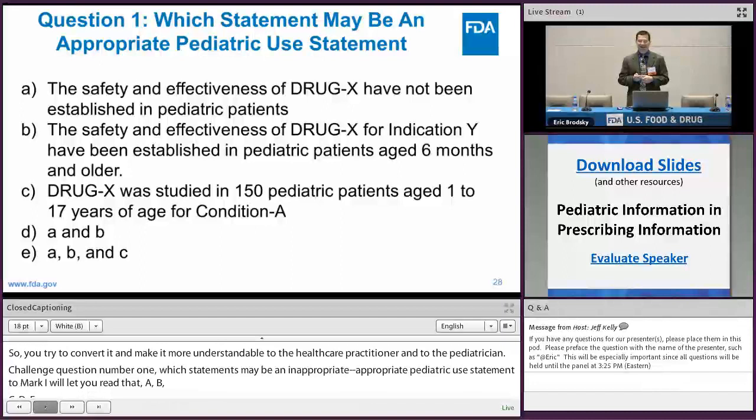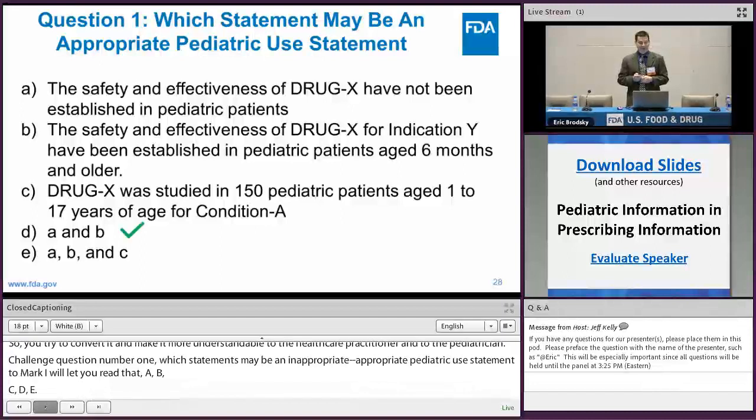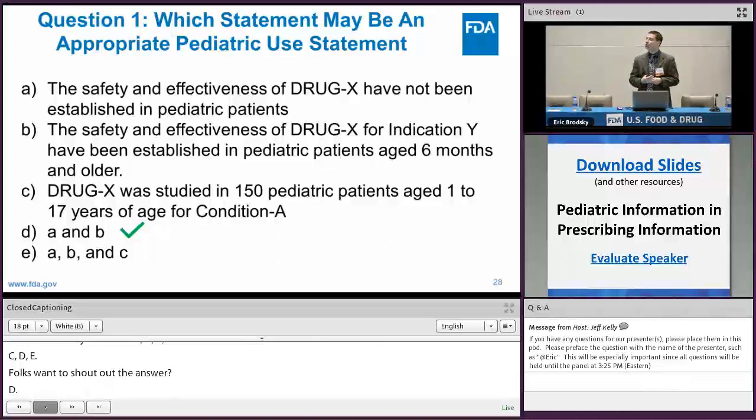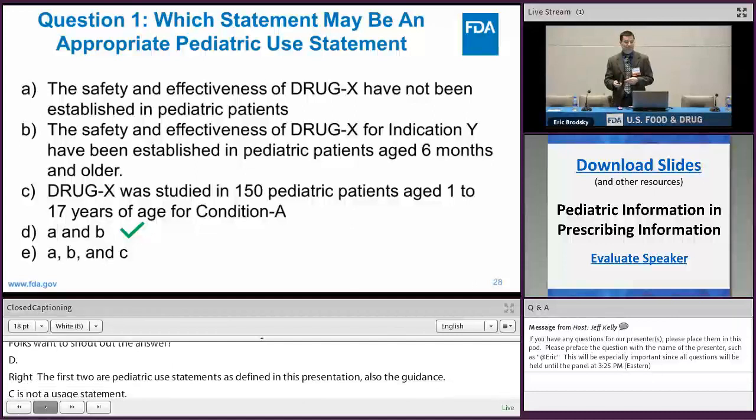Great. D. Right, so the first two are appropriate pediatric use statements as defined in this presentation and also in the guidance. C is not a usage statement. It's interesting, it's factual, it's great, but it doesn't tell you whether safety and effectiveness has been established.